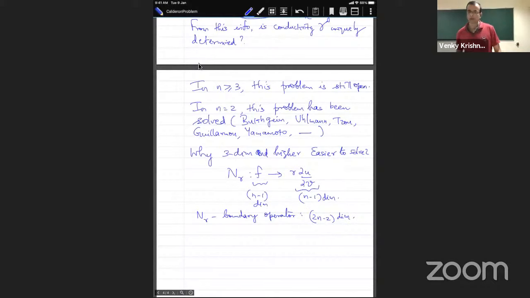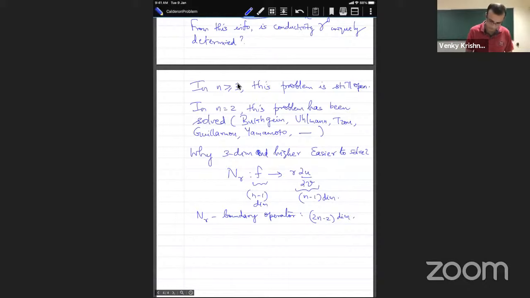Hello, Venki. Can I ask a quick question? Yes. I just want to double check, is there a restriction on the smallness of the boundary for this problem for n equal to 2, or is it true for any arbitrary small enough part of the boundary if you know the data? Any arbitrary small open subset of the boundary is enough.